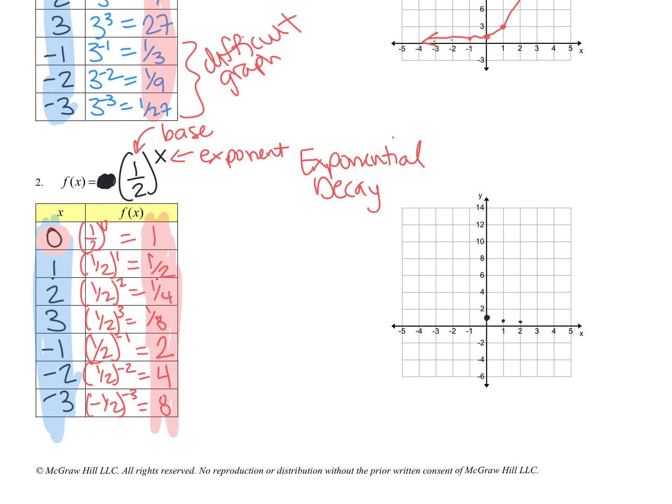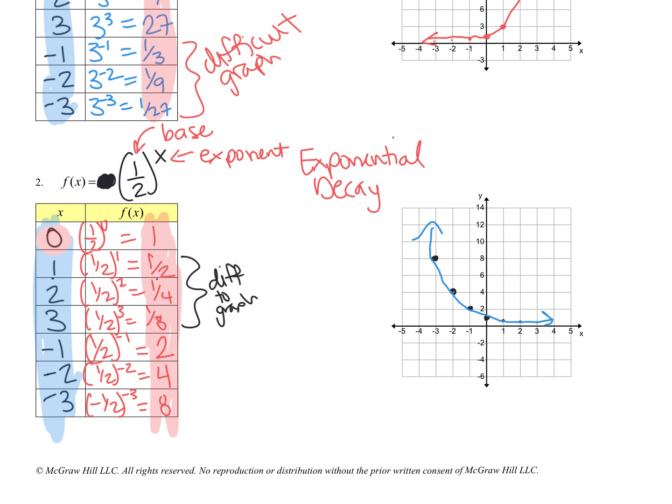Okay, you can see that it's really difficult to graph my fractions, so just do your best. And then I've got -1, 2. That's a little easier, right? And then -2, 4. And -3, 8. Okay, so that general shape, or curve, I should say, looks like this.